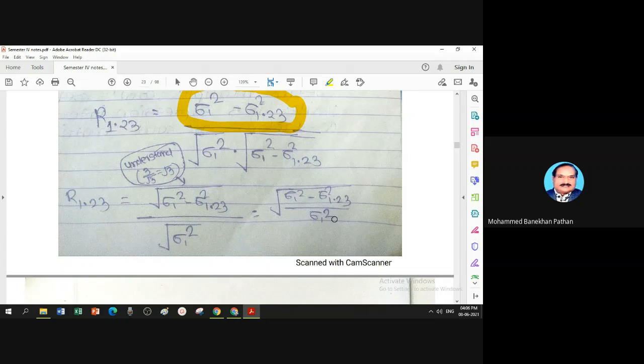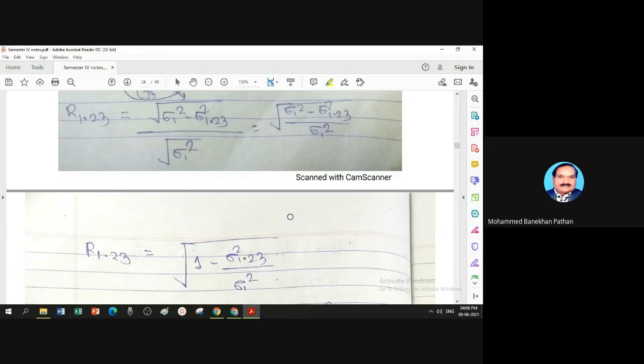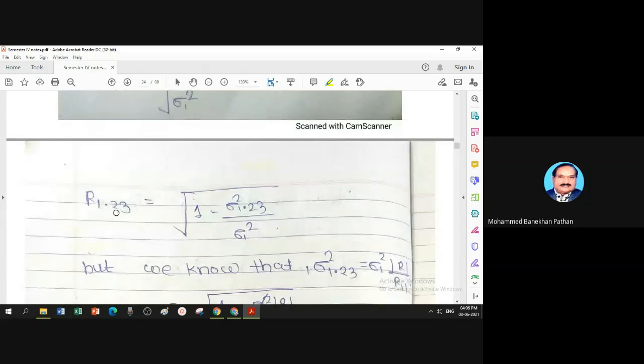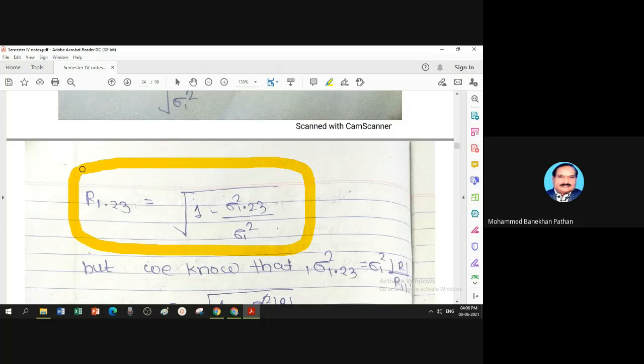Now I can divide this denominator into the numerator separately. So finally R1.23 equals root of 1 minus sigma square 1.23 upon sigma1 square. This is through the definition and by deriving the expression of covariance and variance.